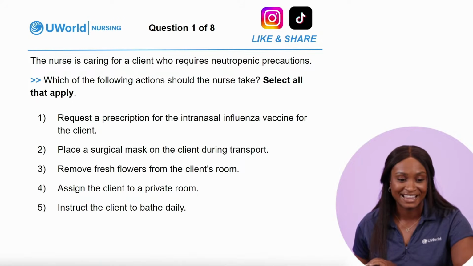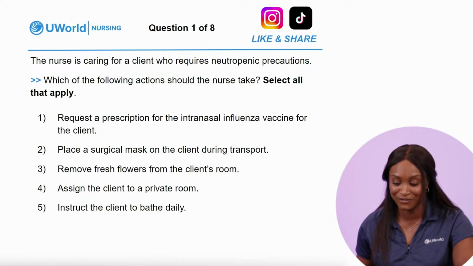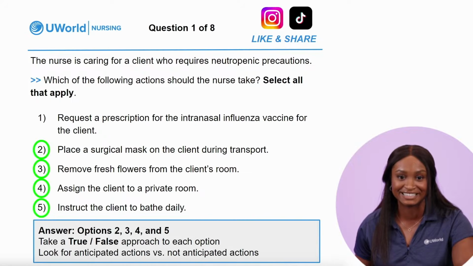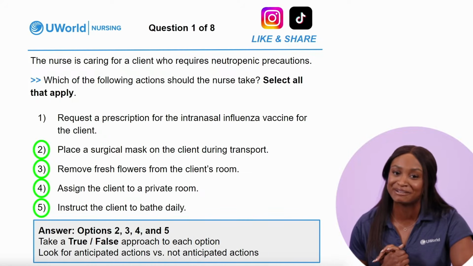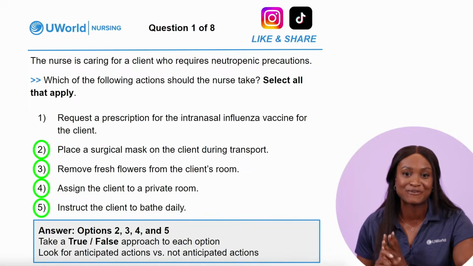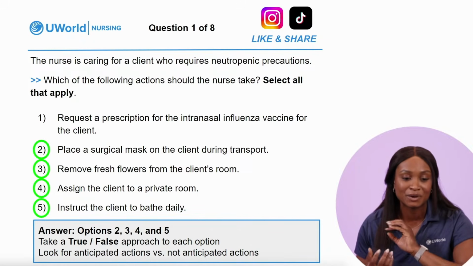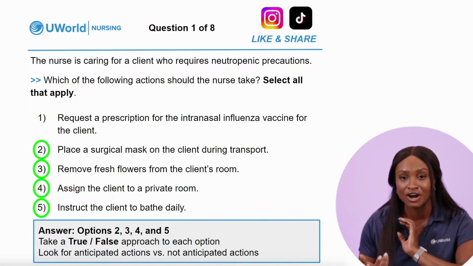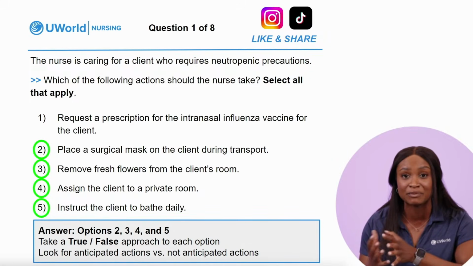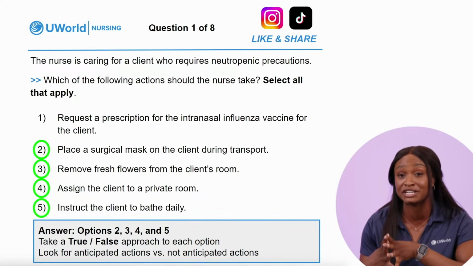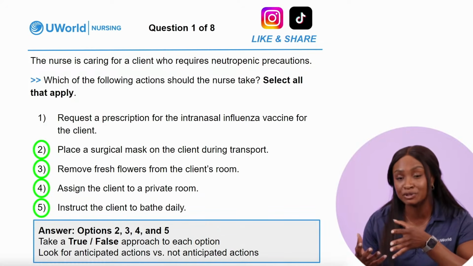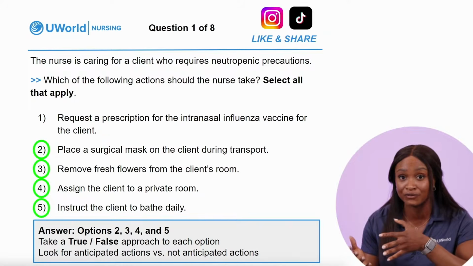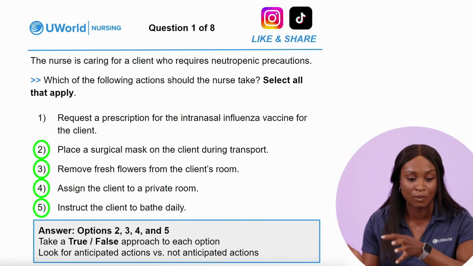So let's get to the answer for our first question. Pretty much all of them, except option 1: options 2, 3, 4, and 5. So with this, we want to know what neutropenic precautions are. Neutropenic precautions are precautions that we give to patients that are experiencing neutropenia. Neutropenia is when their neutrophils, or white blood cells, go below a certain level, usually 0.1.